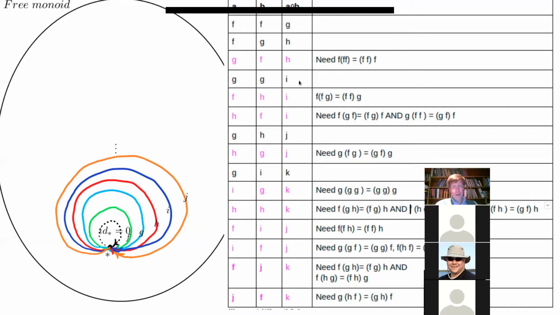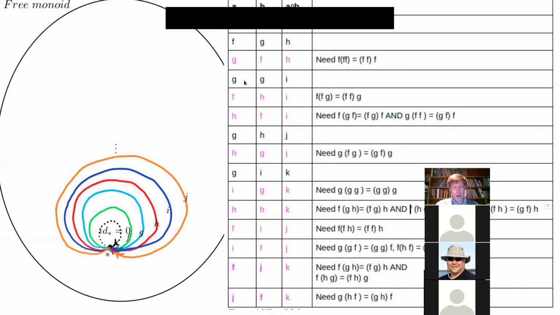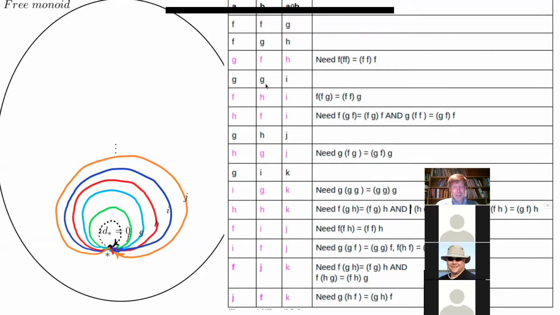Now we're getting some constraints imposed on us by the rules of category. Now let's consider G. Okay, we got G. We had allocated it before. I'm speaking like a computer scientist here. Okay, so G combined with G. Is there anything that forces it to be something else?